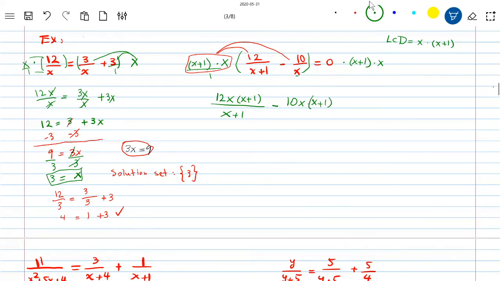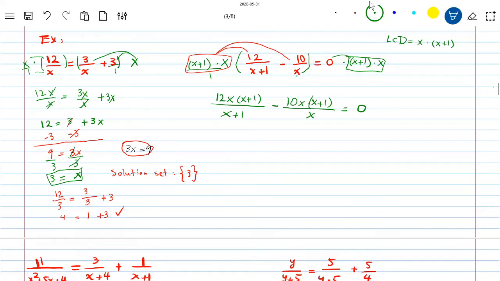Use the parentheses. Divided by, x is still there, times x plus 1. Equals 0. How about the right side? 0 times that. This is the one term, by the way. You have multiplication, you can think about it as 1. 0 times that, still 0. That's the beauty of the 0. You don't need to do anything, it just simplifies to 0.